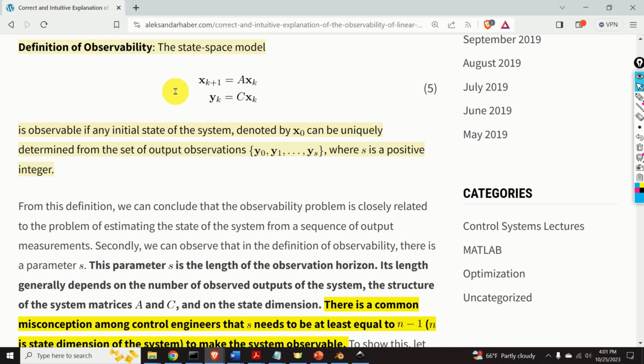The state space model, given by this equation, is observable if any initial state of the system, denoted by x0, can be uniquely determined from the set of output observations y0, y1 until ys, where s is a positive integer. Here is a graphical explanation of this important definition.